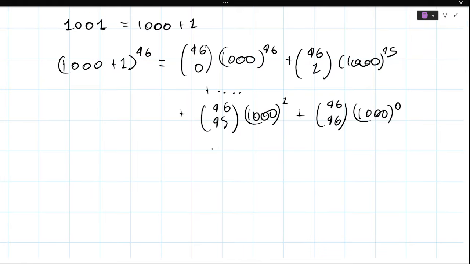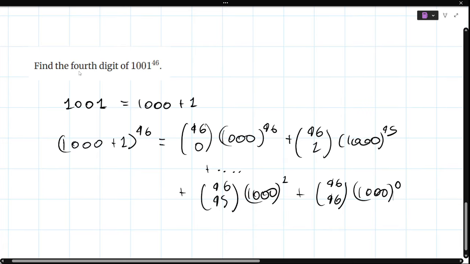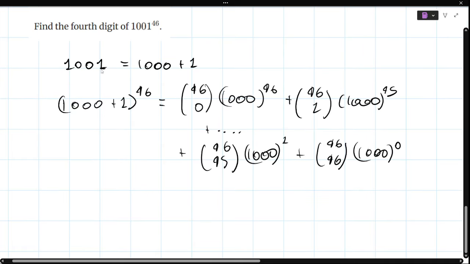Now the next step I think is very important is to rewrite 1000 as 10 to the 3, and that's because it's going to help me realize where my digits are going to be. Also, the position that we are concerned with is the fourth digit of my number, so I don't have to work out the entire binomial series.